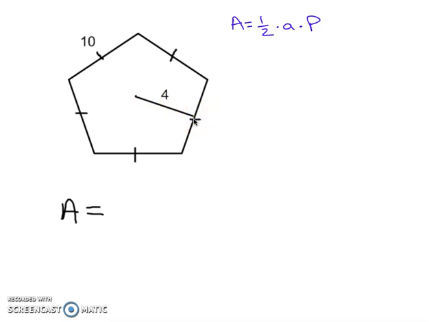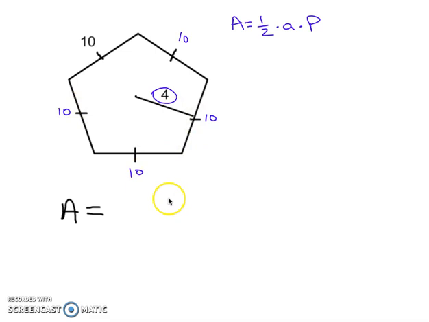So in this case, our apothem is 4. And then the perimeter, our capital P, means that we have to add up all the sides. So one length is 10. So this is 10, and this is 10, 10, and 10.